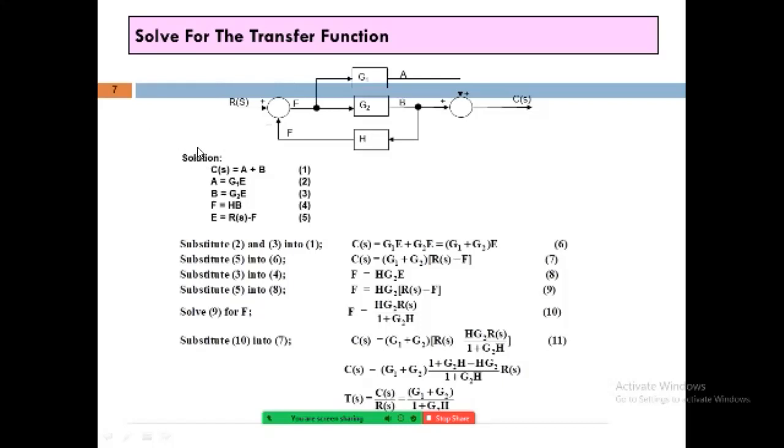Again, we have to substitute this value of E in this equation so that we can easily get F is equal to H into G2 in bracket. What is E?